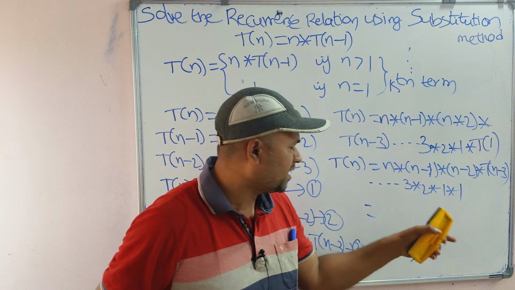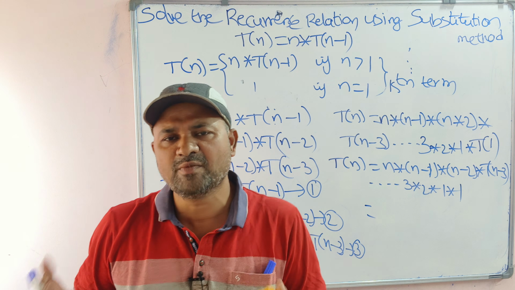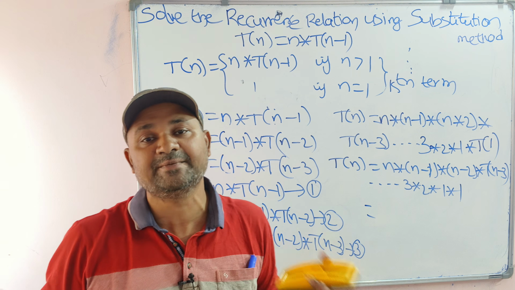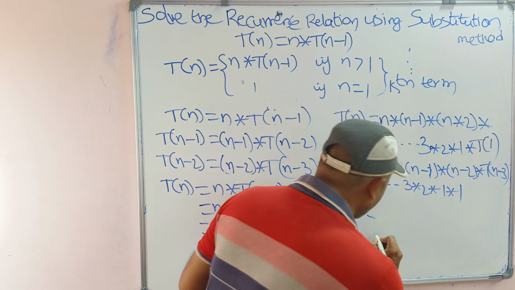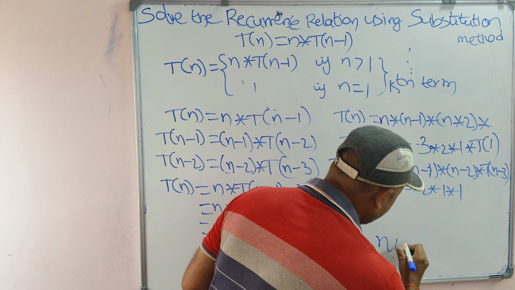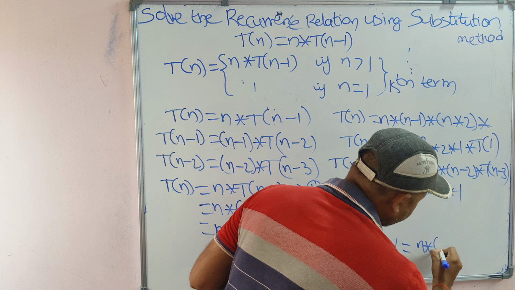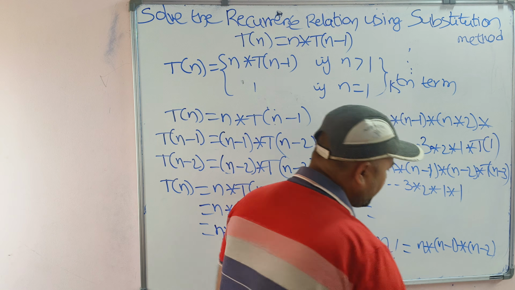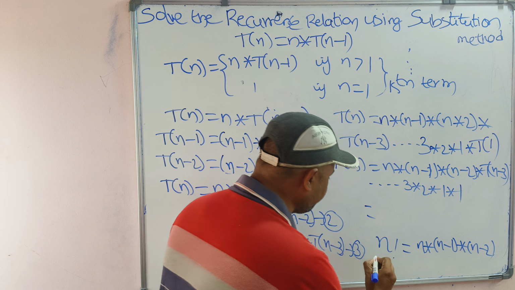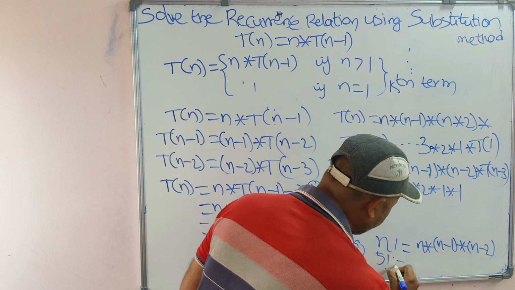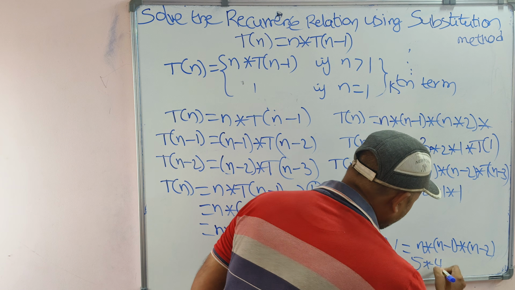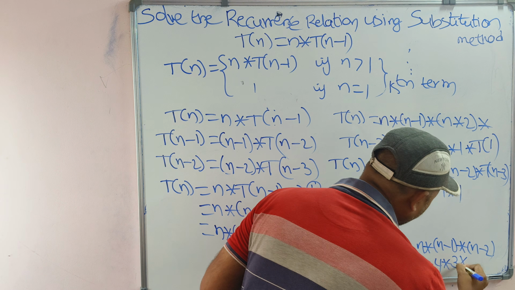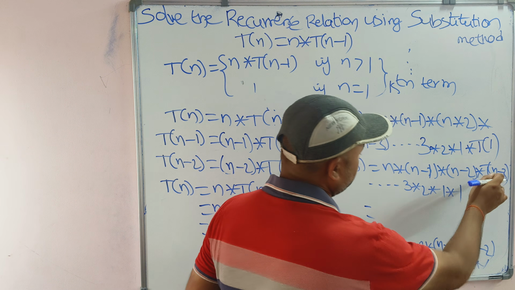So what is this formula? We know the formula for factorial of a given number n. So how to calculate n factorial? n into n minus 1 into n minus 2 into n minus 3 into, likewise the process will be continued. So 5 factorial equal to 5 into 4 into 3 into 2 into 1, up to 1.